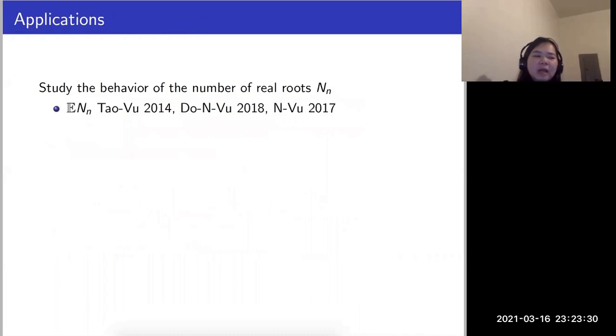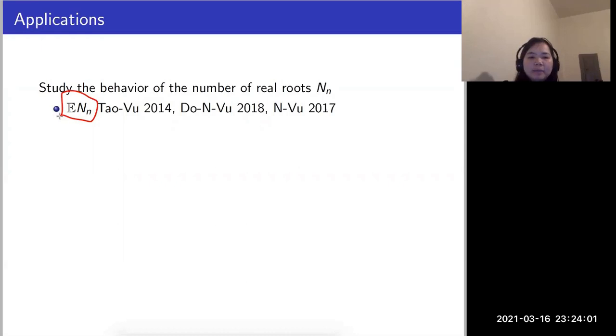And in the past couple of years, we have been using the universality method to study several statistics of the real roots. Firstly, the expectation: we have a random polynomial, and we ask what is the average number, the typical number of real roots.